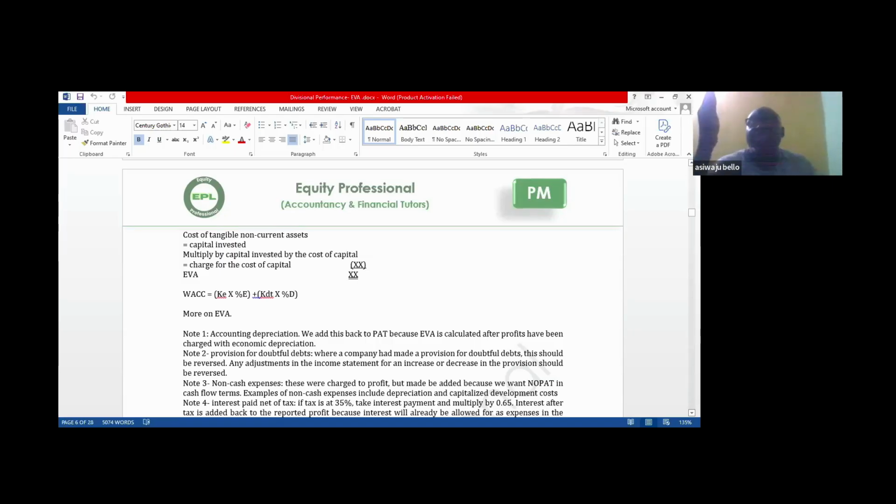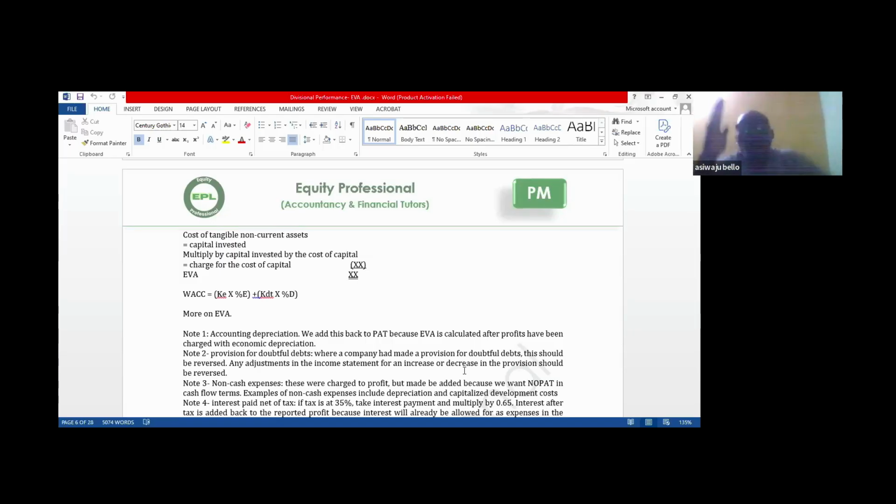To calculate this, your WACC is equal to cost of equity multiplied by the percentage of equity, plus cost of debt after tax multiplied by the percentage of debt.